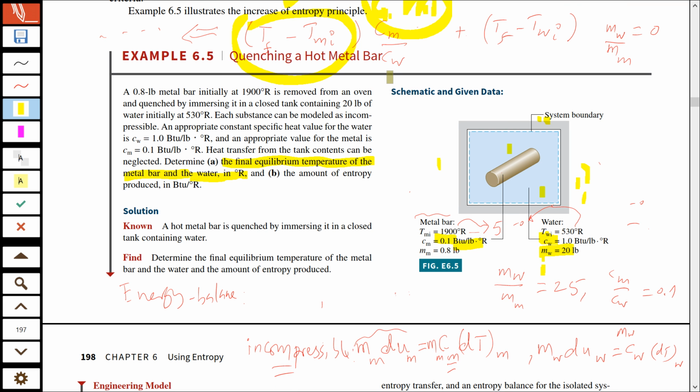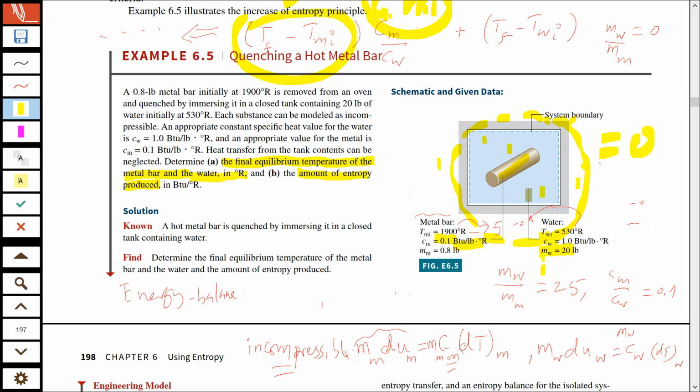Okay, let's get to part B. In part B, you are supposed to calculate the amount of entropy produced. What is the transfer of entropy? The overall transfer of entropy, if this is your boundary, is 0.